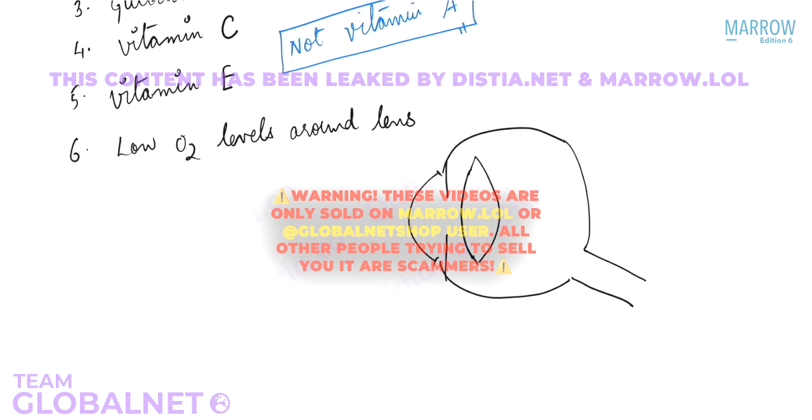Yes? Similarly, we know that the vitreous is avascular. Because vitreous is avascular, again it does not have any oxygen. So neither does the vitreous have oxygen, nor does the lens have oxygen. So lens is basically cocooned, you can say, in an environment of low oxygenation.